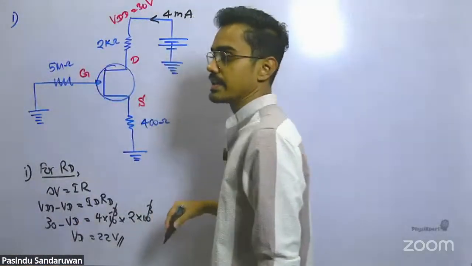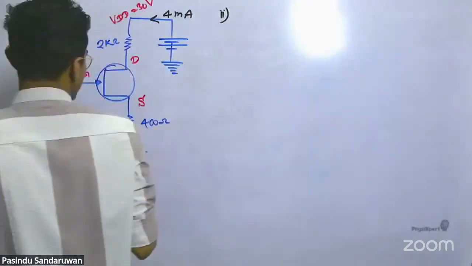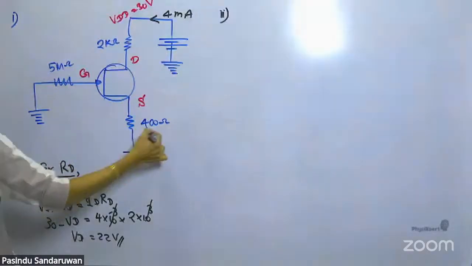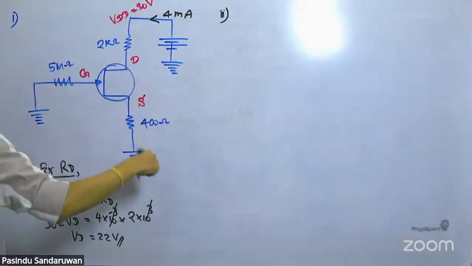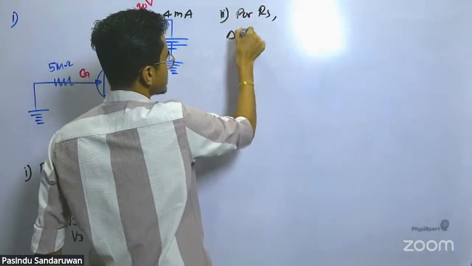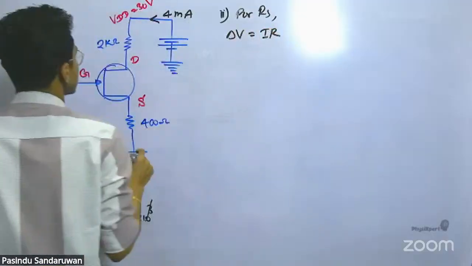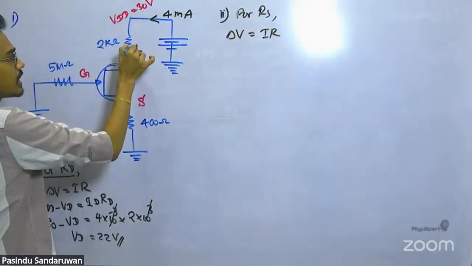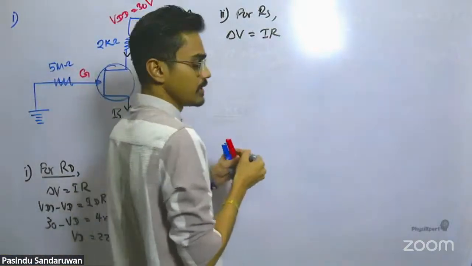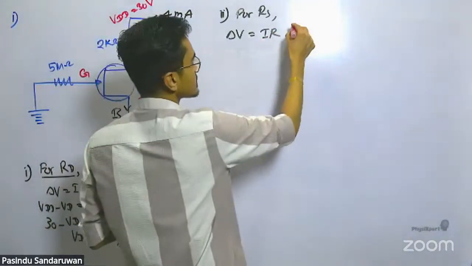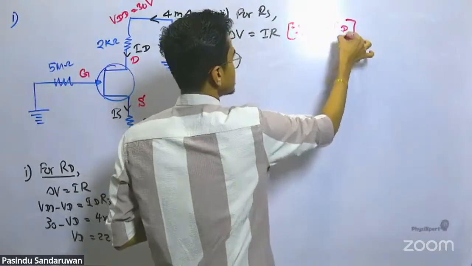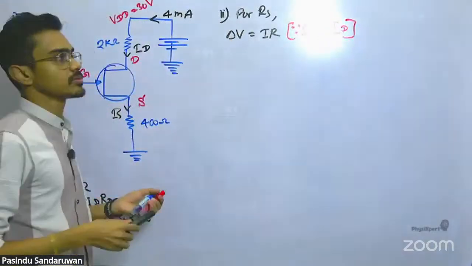To find VS, very straightforward, apply delta V equals IR for RS. This is our ID, this is IS. We know that always IS equals ID.